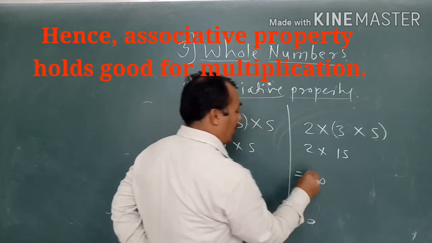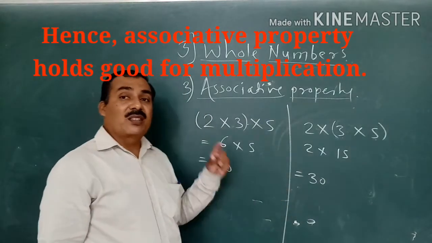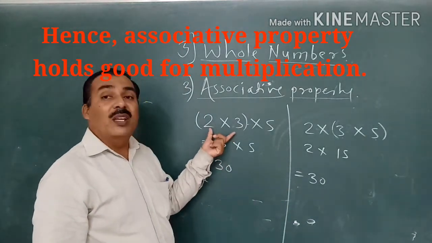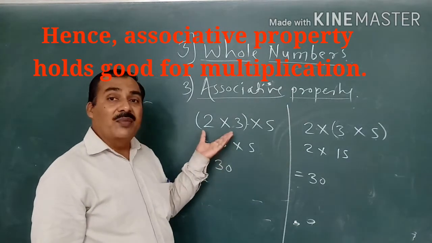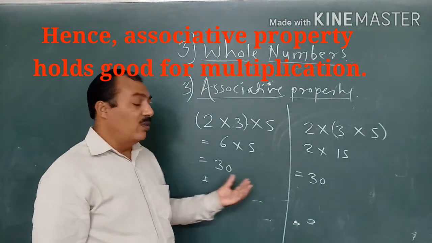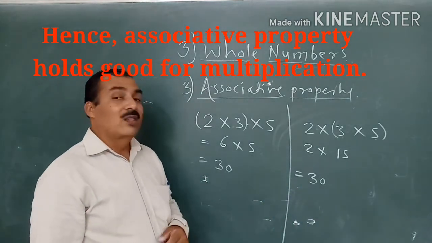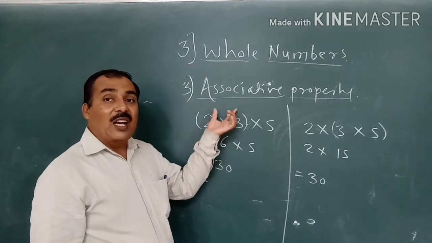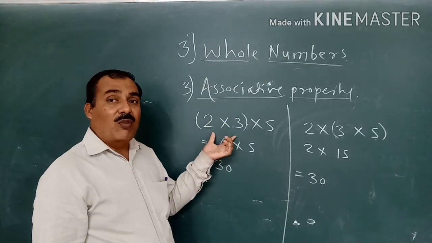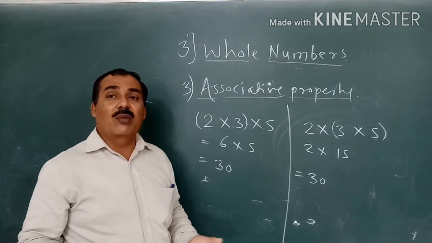Here also we got the same answer, 30 and 30. Means in multiplication, if we group, we associate the whole numbers in different ways, we can get the same results. So we can say that multiplication is associative. Multiplication of whole numbers is associative.